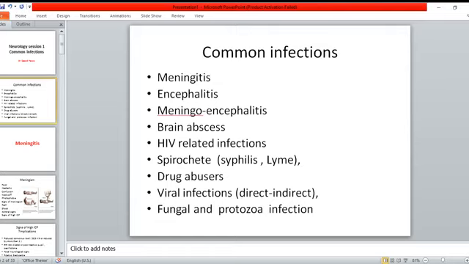So if the symptoms are subacute, we may need to consider such infections like TB, like cryptococcal, sometimes also some forms of limbic encephalitis. We are going to discuss this, and also some forms of what we call aseptic meningitis also present in a subacute way.